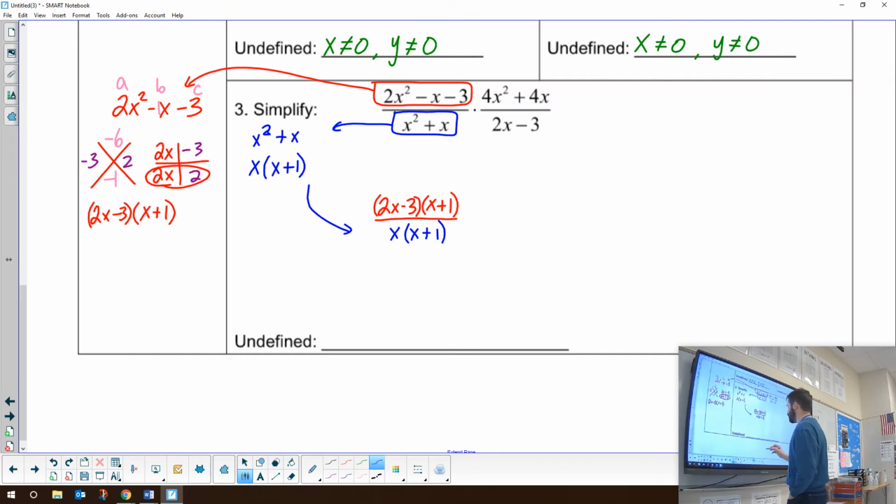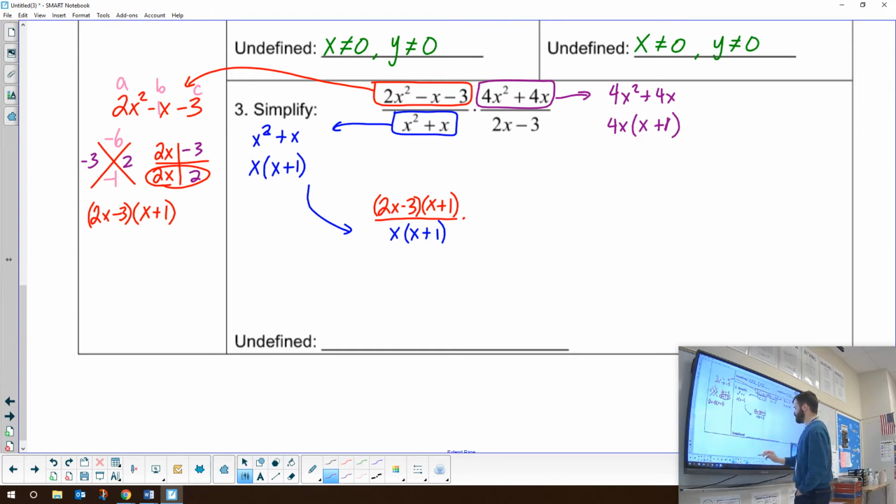Then we are multiplying this, and we're going to factor the other side too. So let's start with this 4x squared plus 4x. We can factor that over this way and then put it back. I can factor that by pulling out a GCF, and we have a GCF of 4x. That's going to leave me with x plus 1 as my other factor.